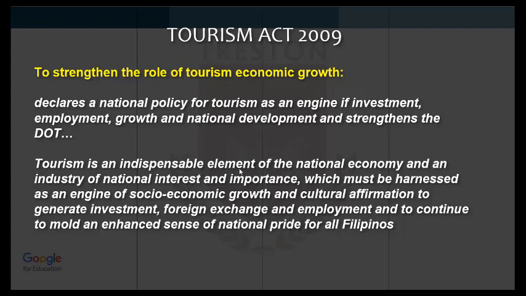We also have the Tourism Act of 2009, which is generally to strengthen the role of tourism in economic growth in the Philippines. That's why we are trying to strengthen the MICE industry. It's actually an industry here in the Philippines.